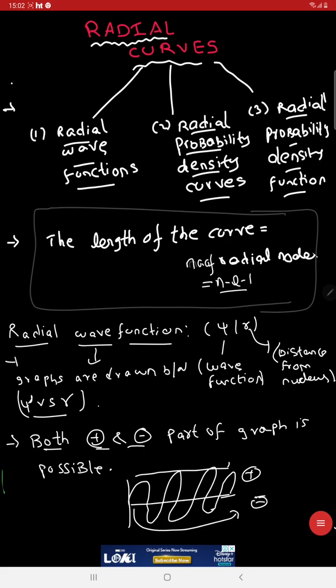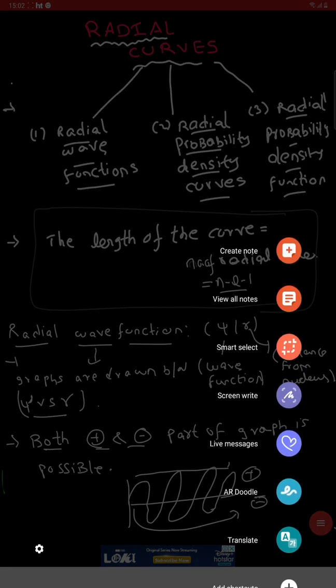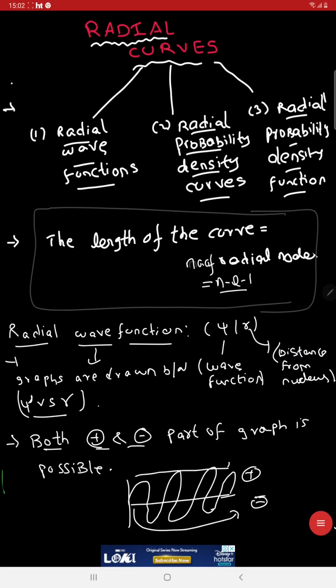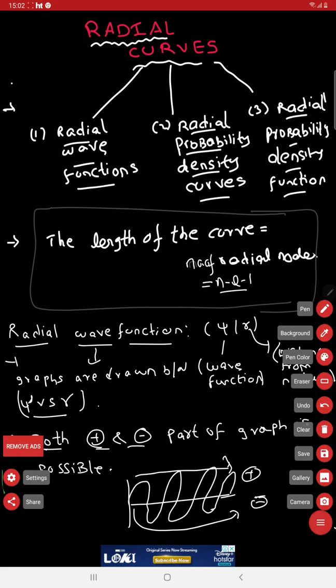So as we are plotting the wave function, both positive and negative must be considered, as we are directly representing the wave with the distance from the nucleus and the wave function in a graph representation. That's all.